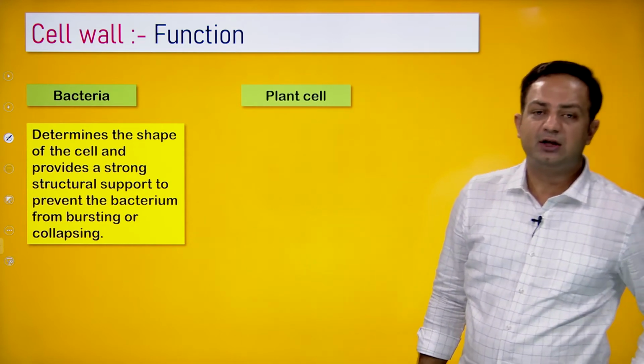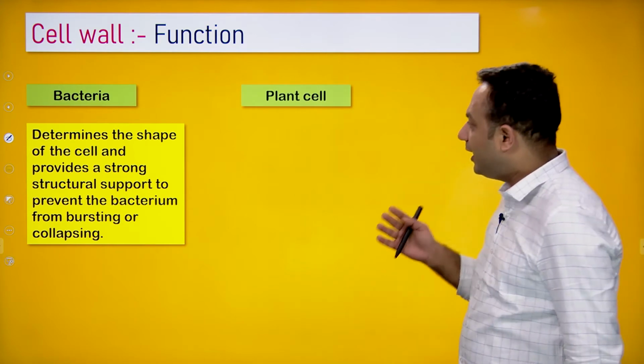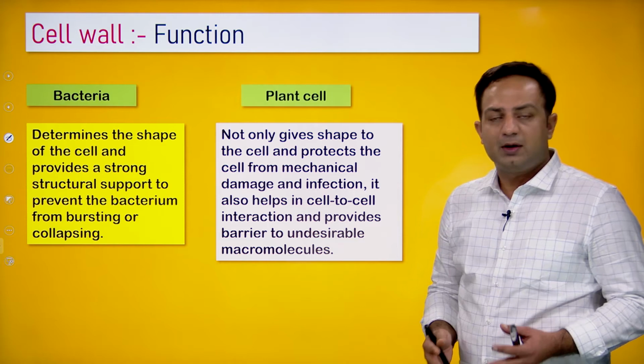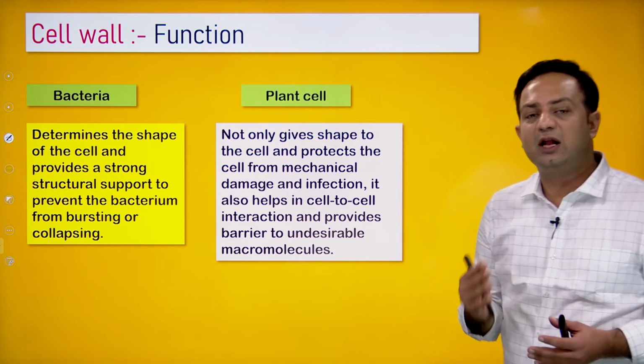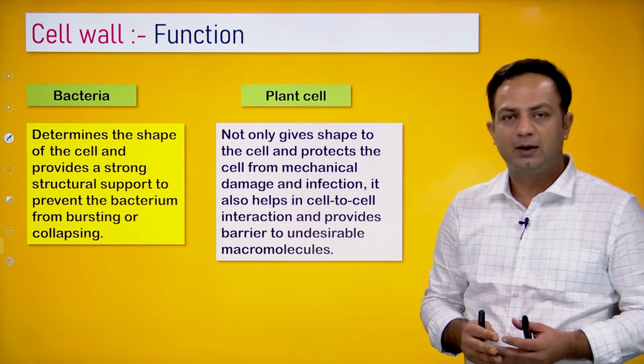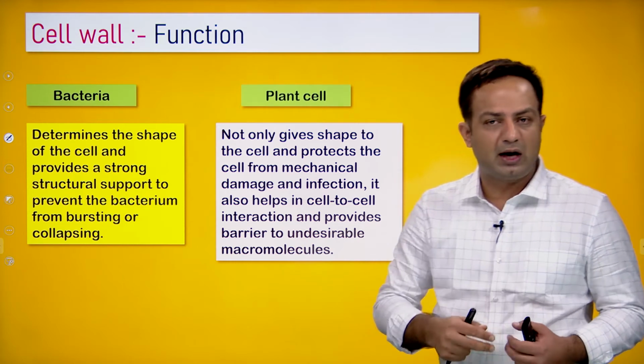The cell is not collapsed or burst because of a change in the medium. In the plant cell, the cell wall again provides the shape. Next, it provides interaction between the cells, through plasmodesmata. Clear? The cell wall holds the adjacent cells, via the middle lamella.